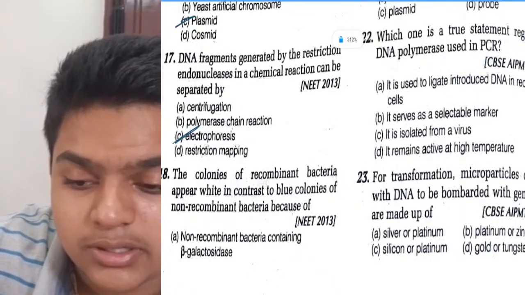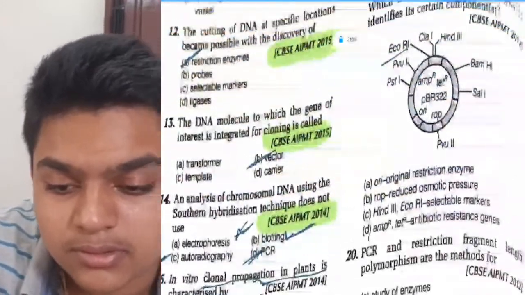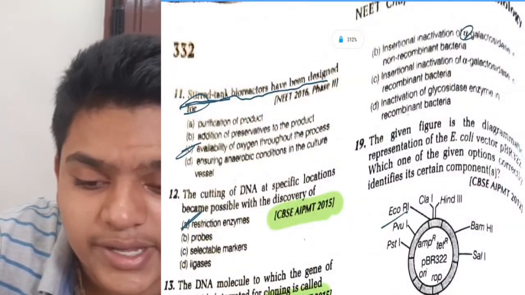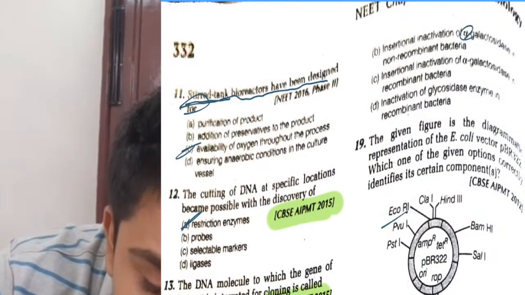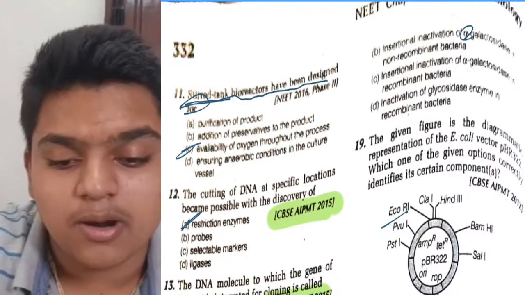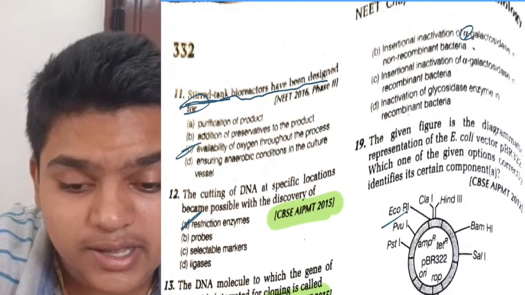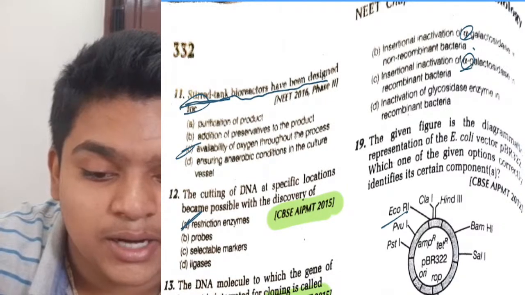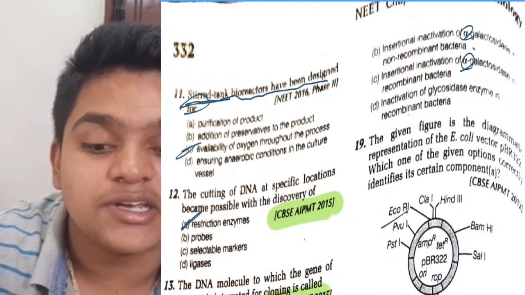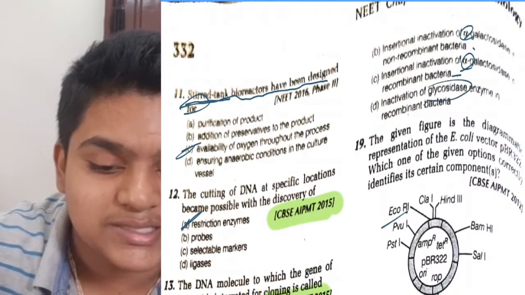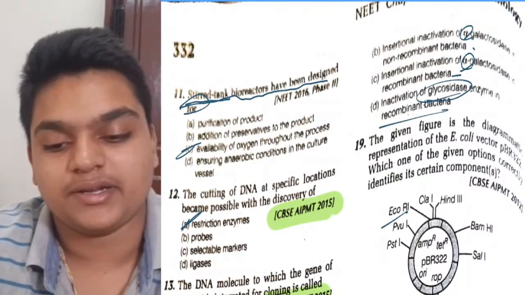Next one, insertional inactivation of alpha-galactosidase in non-recombinant bacteria. Insertional inactivation of alpha-galactosidase in recombinant bacteria. Inactivation of glycosidase enzyme in recombinant bacteria.